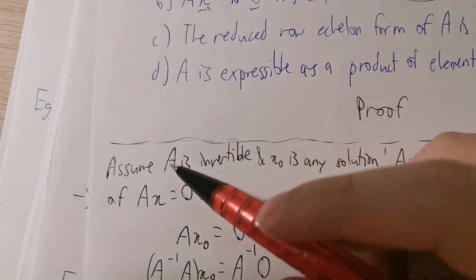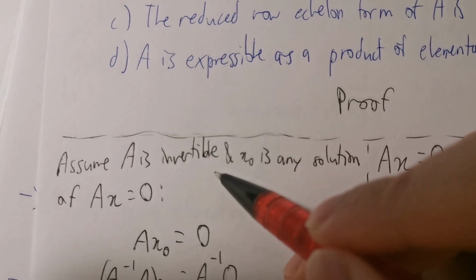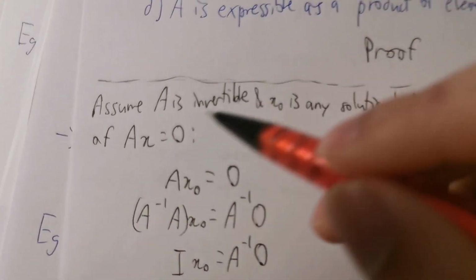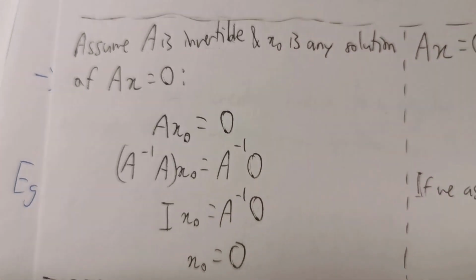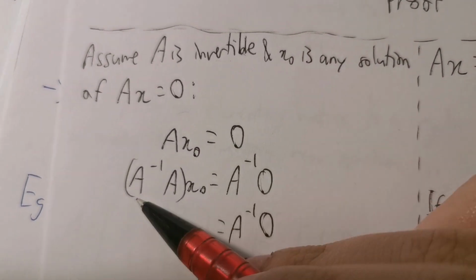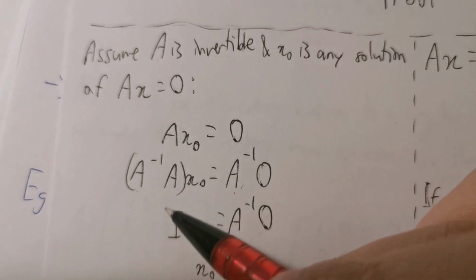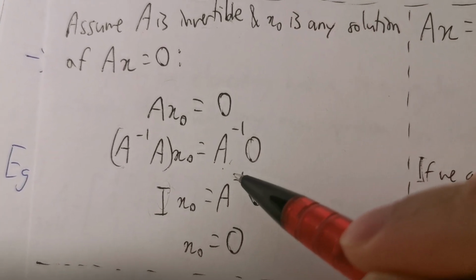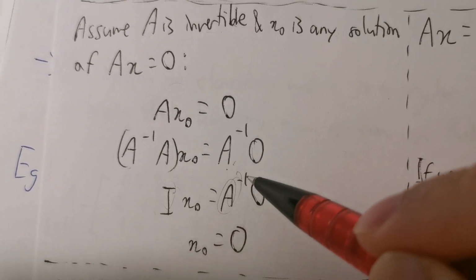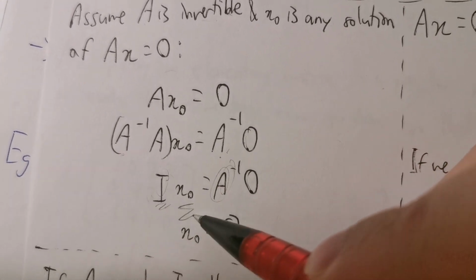So this is all just the proof, right? Here we can see that if A is invertible, then if you have this homogeneous linear system, you multiply it by the inverse to the left. These cancel each other out. Since this is the inverse matrix, this has to be 0 now.